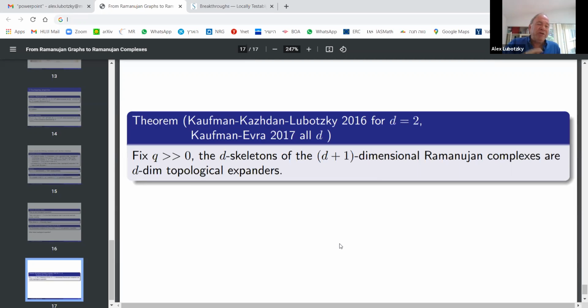It's not known whether in general c_d, for the geometric c_d and the topological c_d, are the same or not. It's also not known what is the rate of c_d. It's not difficult to show that c_d goes to 0 when d goes to infinity, but it's not known what's the rate.